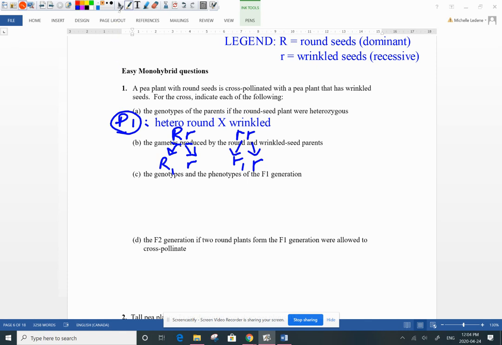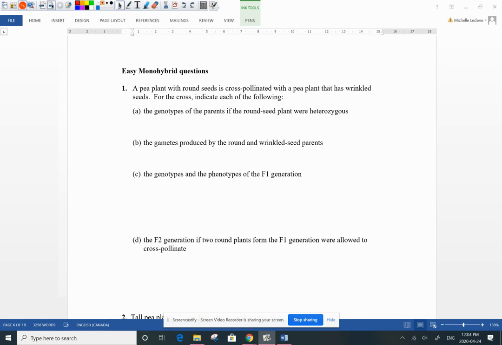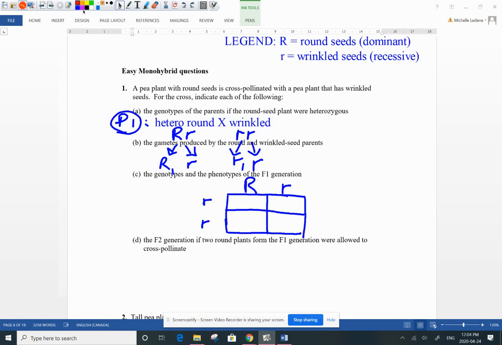What is the next step? My next step is to set up my Punnett square. I take one parent and put it across the top. Let's say this is the female parent, big R, little r. Here's the male parent, and now I fill in my Punnett square. Big R, little r, big R, little r. What does this pea plant offspring look like? It is going to be a round offspring.